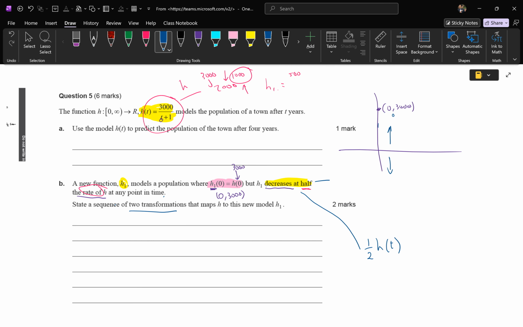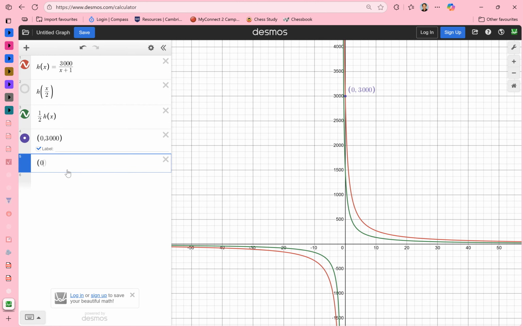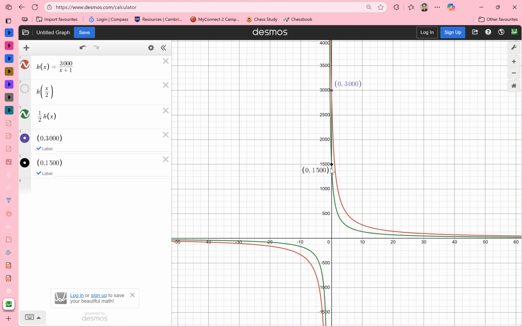And that's a problem, because can you see the green graph? Now the y-axis intercept is different because you're affecting the y value. So from 3,000, where the intercept was (0, 3,000), it should now be half of that, which is (0, 1,500). See that? So this is the new y value.